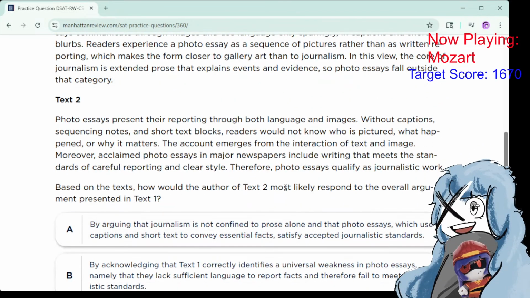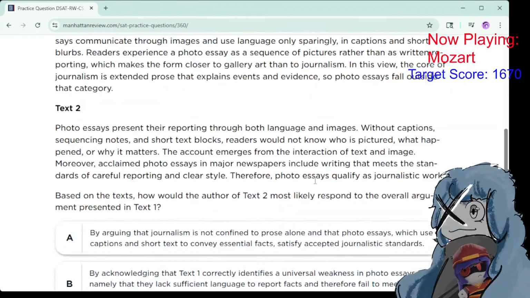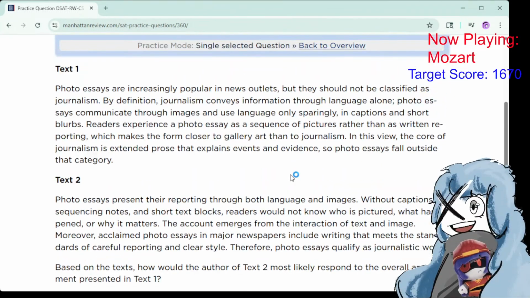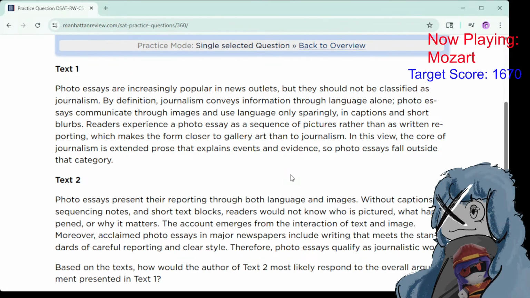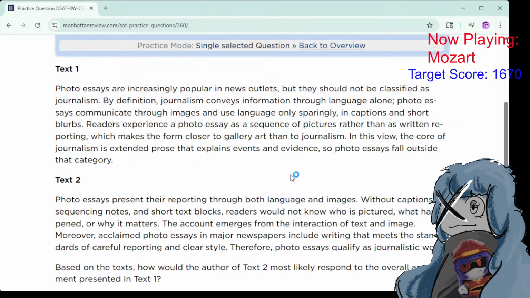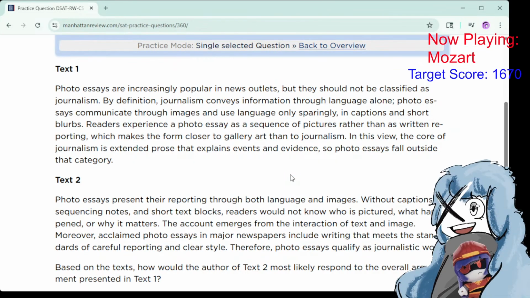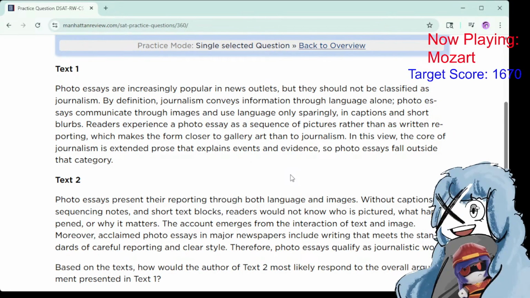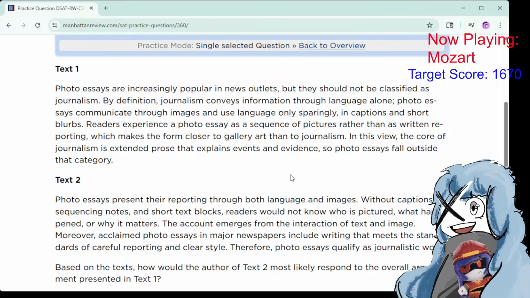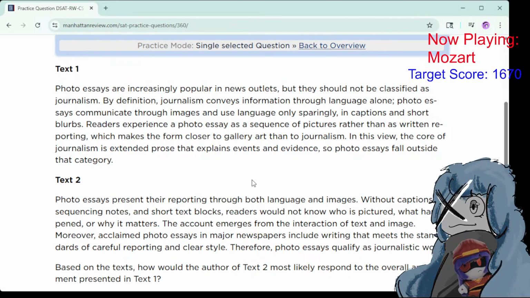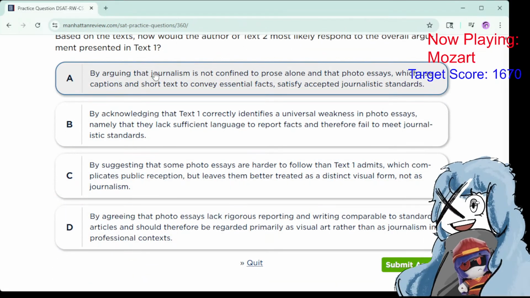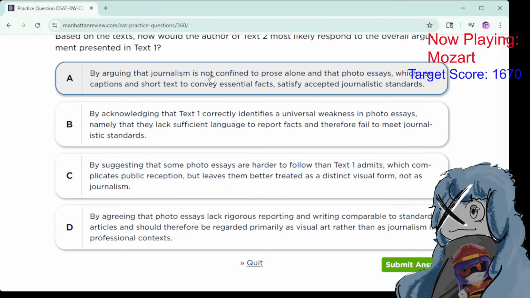Based on that, to say about text one, she would basically say, "Oh yeah, journalism is actually cool, because the interaction, the importance of the language used in photo essays is important to the understanding and comprehension of the essay, and is not just the picture itself." Going through the choices: arguing that journalism is not confined to prose alone, that's not true.